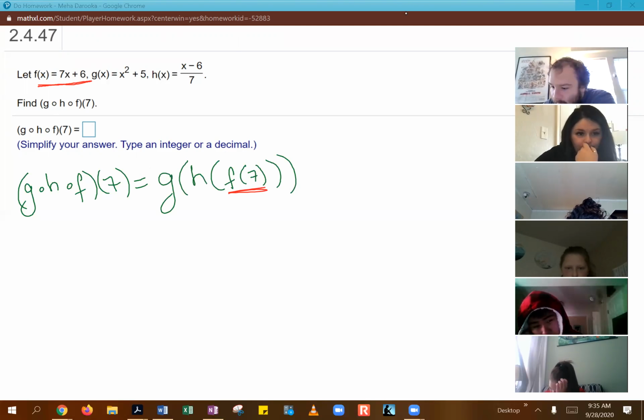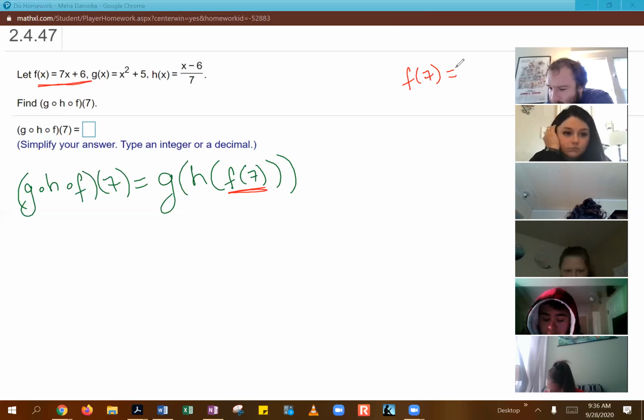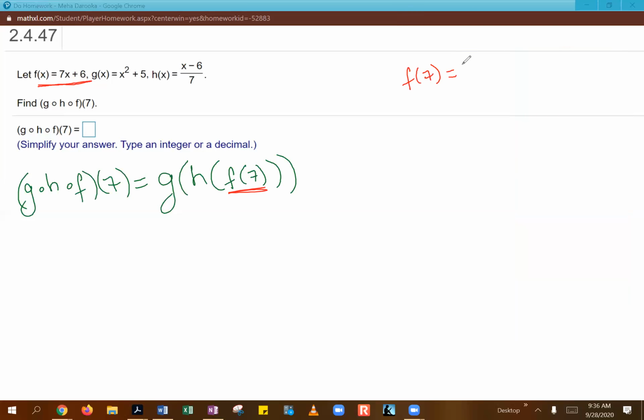So what do you think F of 7 will end up giving us? 55, yeah, very nice, because you have 7 times x, which also happens to be 7, plus 6. So of course that's 49 plus 6, which gives you 55. So now this 55, remember, is going to become the input for the H function.